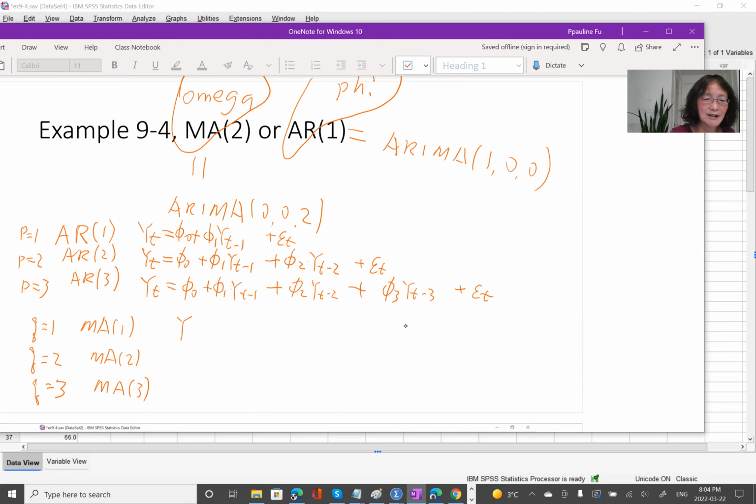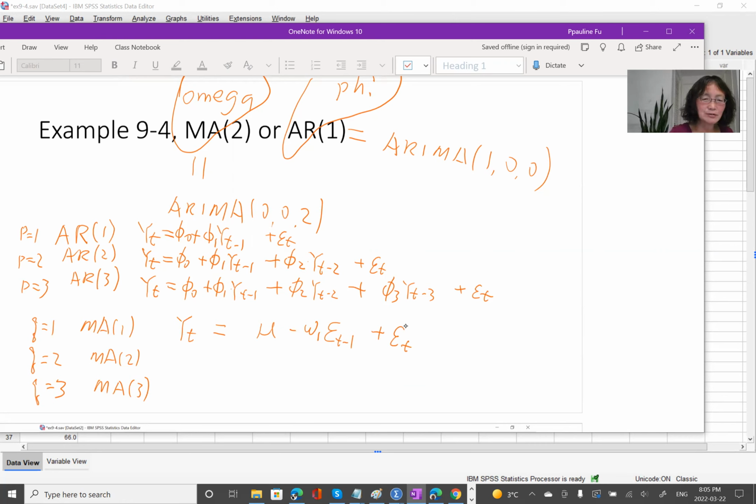MA looks like this, YT related to mean value, okay? And the error term for T minus 1. This time we use omega 1, okay? And plus an error term, epsilon T. So that is MA1.